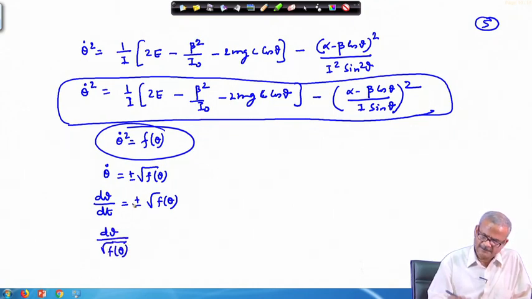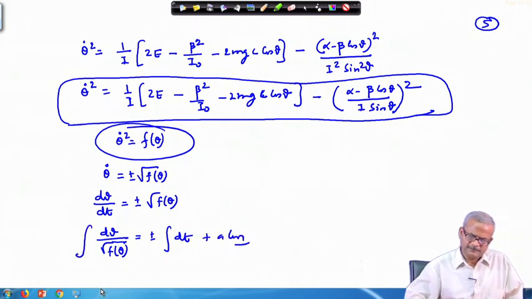This is the normal thing we can write, but this equation is a little more complicated. So, to solve this problem, we need to apply some more tricks.